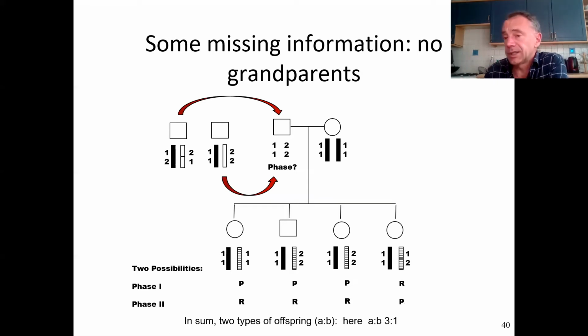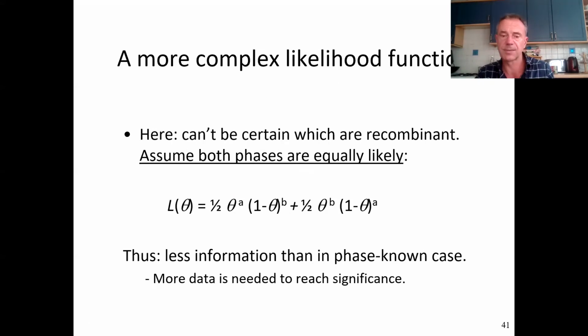So how do you calculate the likelihood of what you're observing here? You say a priori you don't know, it could be 50-50 either way around, and so you're going to say it's half the likelihood assuming this situation and half the likelihood assuming the other situation. Then you're going to add those together as 2 probabilities, and you get this sum. You're not labeling the meioses, the haplotypes, the genotypes as recombinant or non-recombinant.